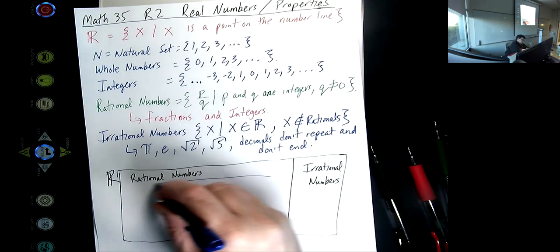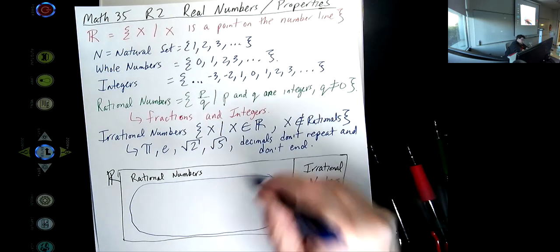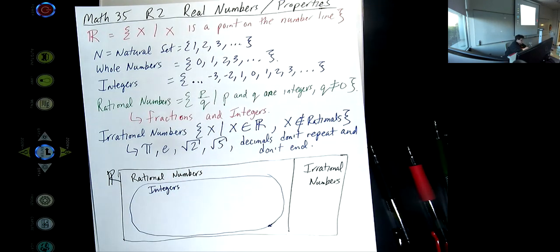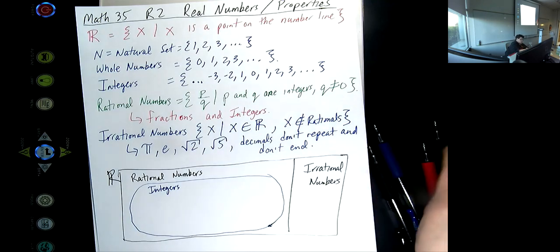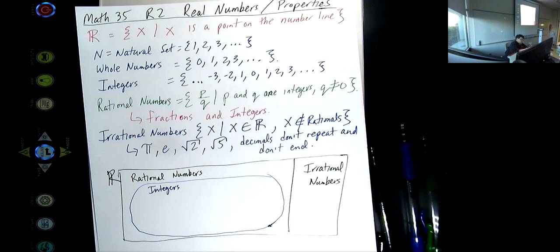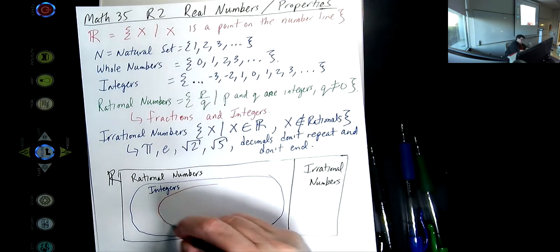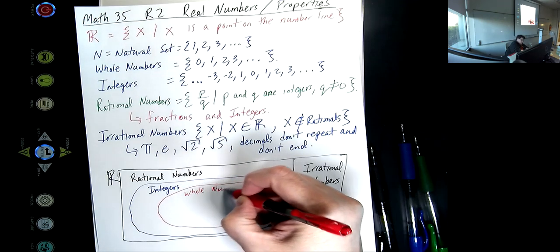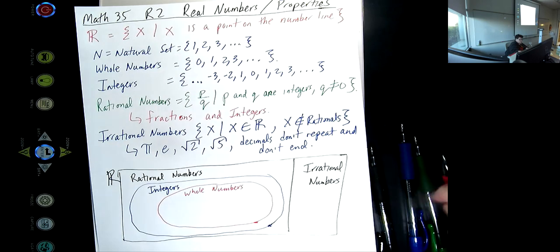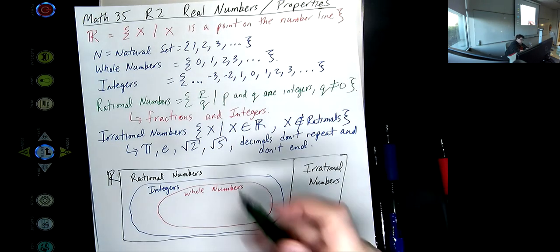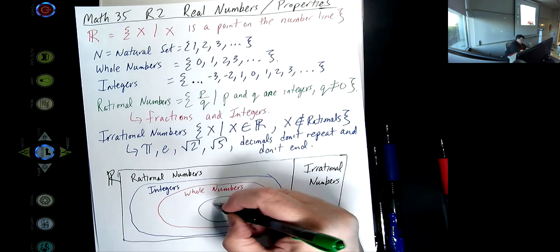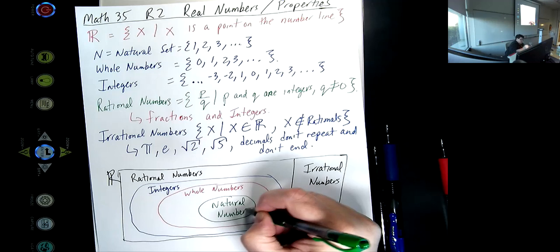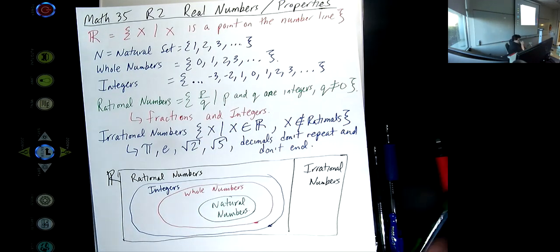Inside the rational numbers, we have integers. Inside the integers, we have whole numbers. And inside the whole numbers, we have natural numbers. So these are all subsets of a bigger set.